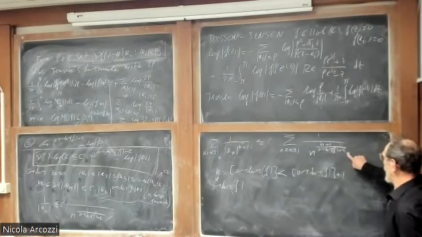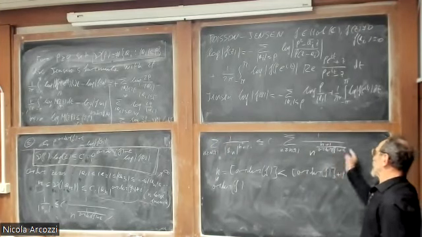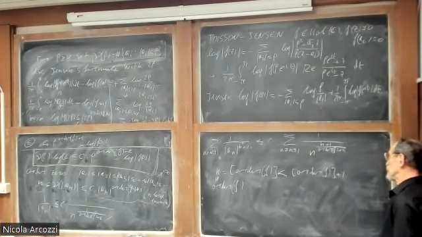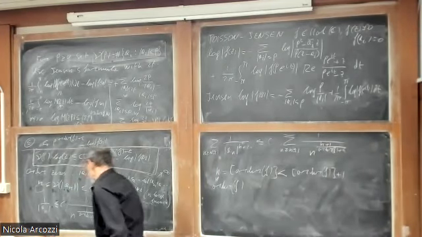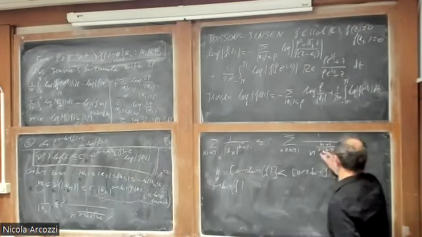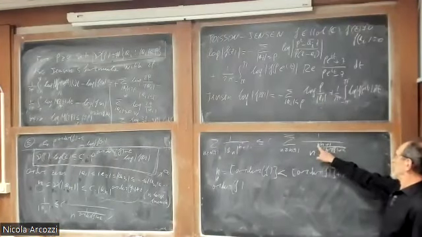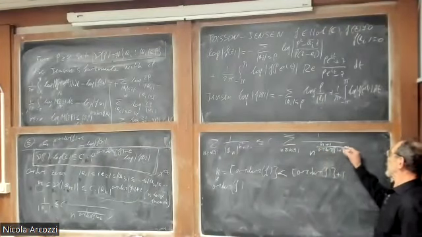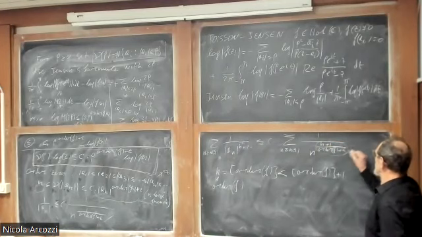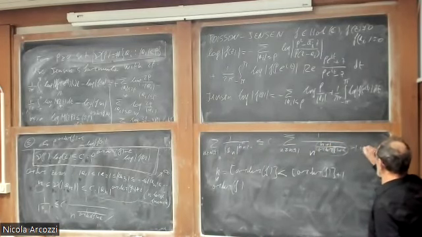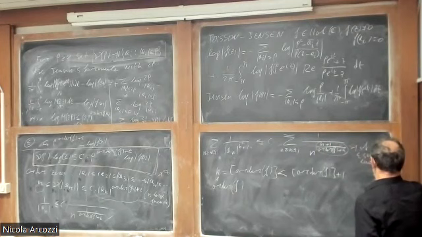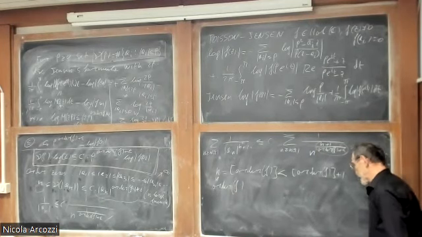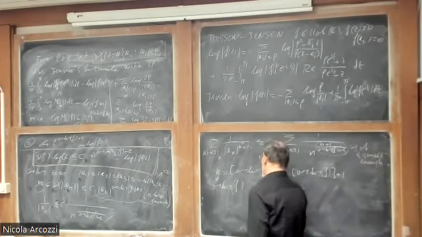So if I choose epsilon small enough, this number is bigger than 1. Because h is fixed, the order is fixed, epsilon can be chosen, and this is bigger than 1 if epsilon is small enough. And so this is a series converging.